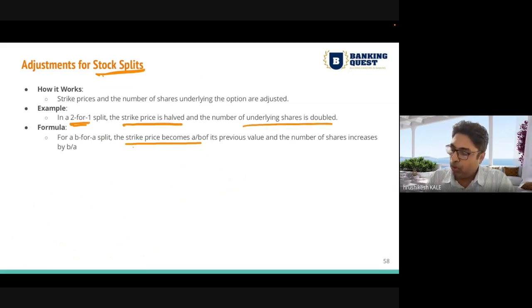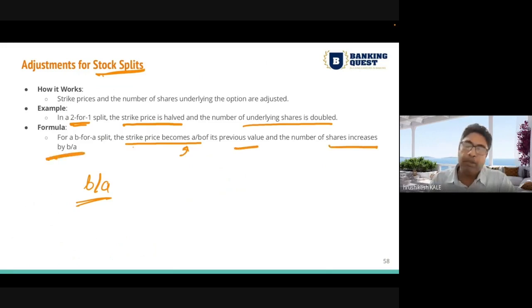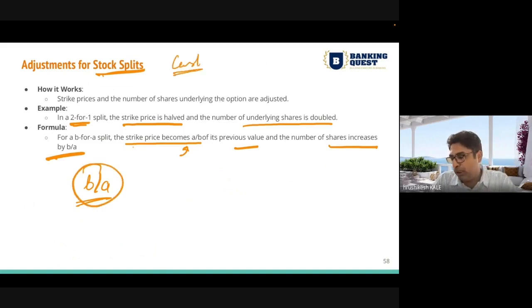But if it is not 2 for 1, if it is B by A, anything, then the strike price becomes A by B of the previous value and the number of shares increases by B by A. So this is the generalized rule. But if it is a cash dividend, there will be no change to the options. If it is a stock split, the strike price will reduce and the number of shares will increase.